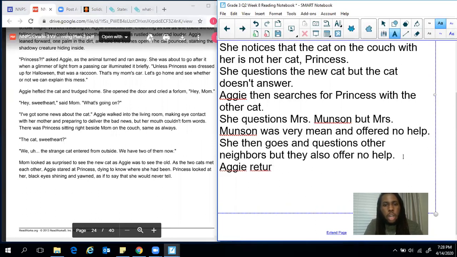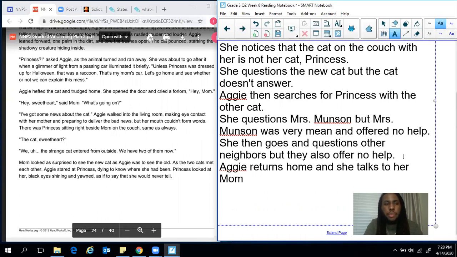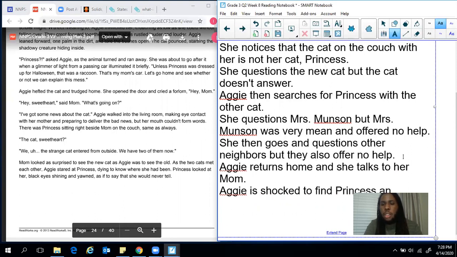Aggie returns home and she talks to her mom. Aggie is shocked to find Princess, and mom is shocked to see the new cat.